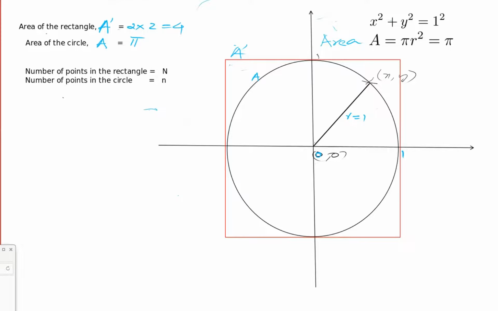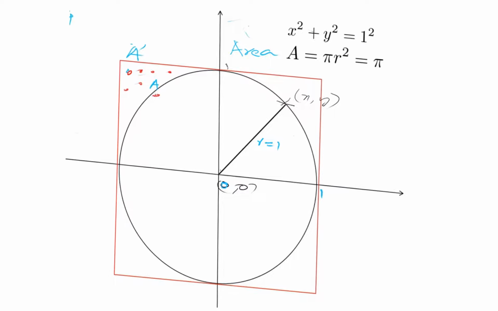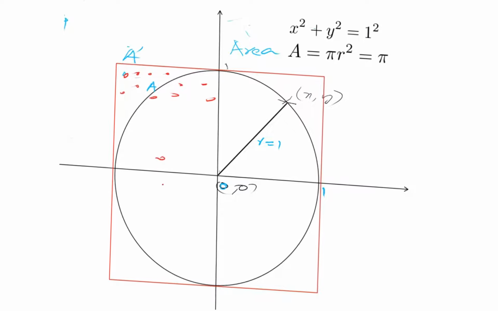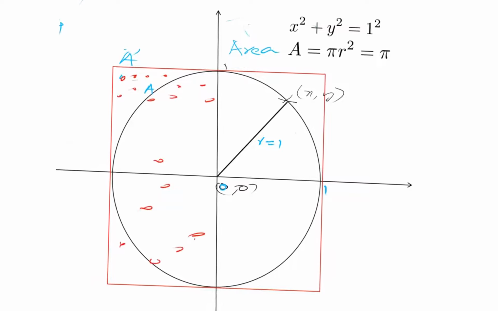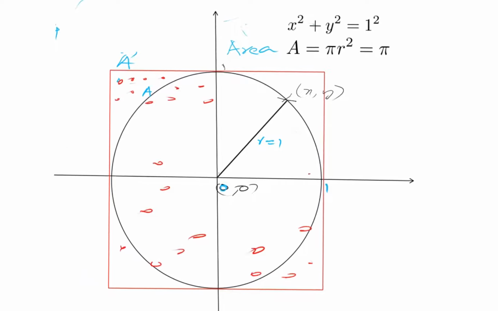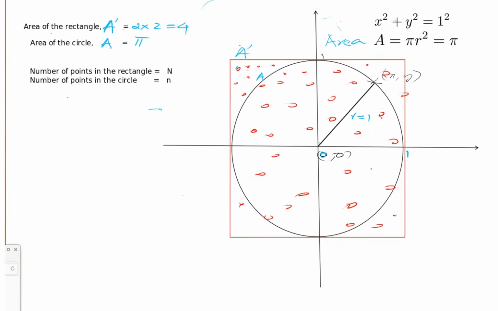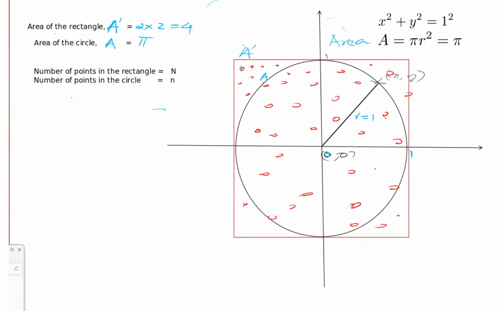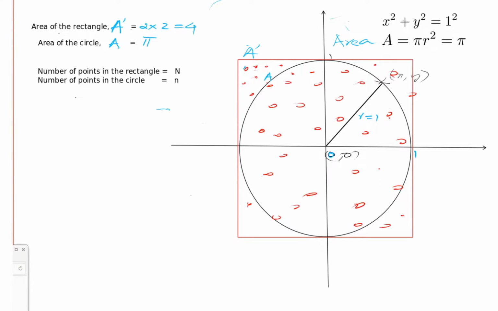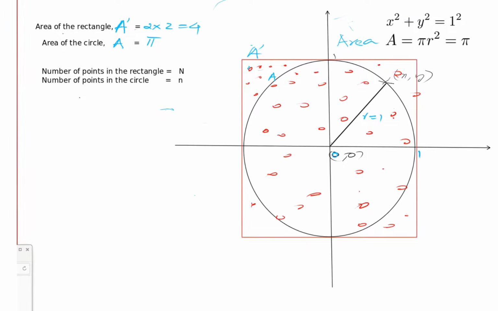Now let us put points in the rectangle. We put points in this rectangle randomly, and these points should be distributed uniformly. So we have to generate points within the rectangle, and these points should be distributed uniformly.